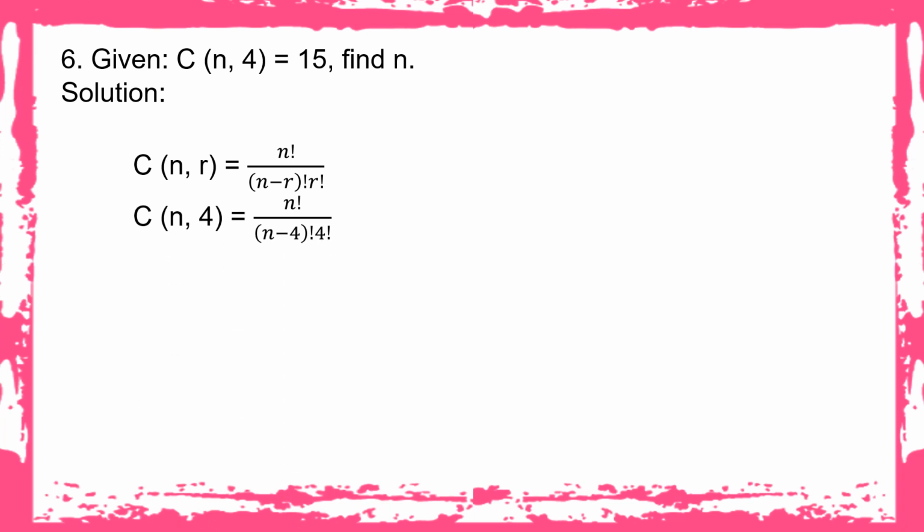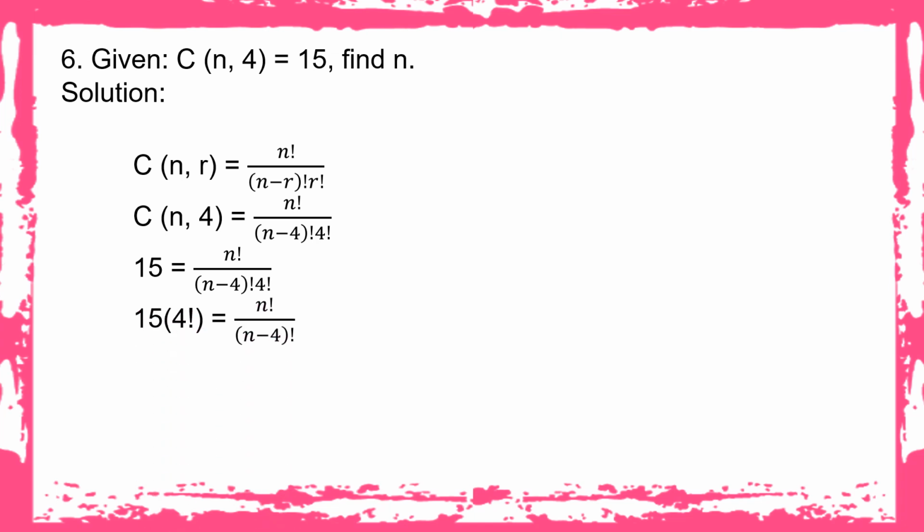And then we are going to substitute the given value of r, which is 4. So you can see here in our solution, we have the answer for combination, which is 15. So it goes like this. 15 is equal to n factorial over n minus 4 factorial multiplied by 4 factorial.